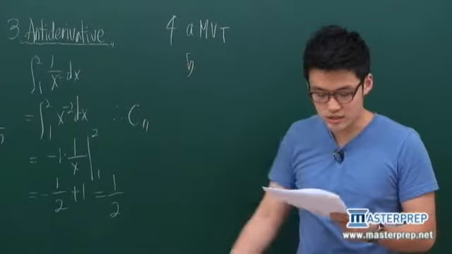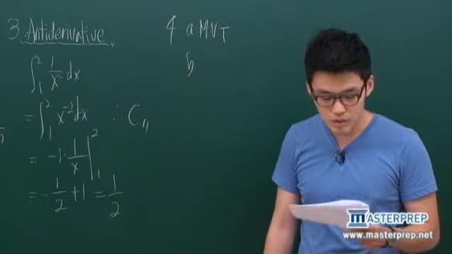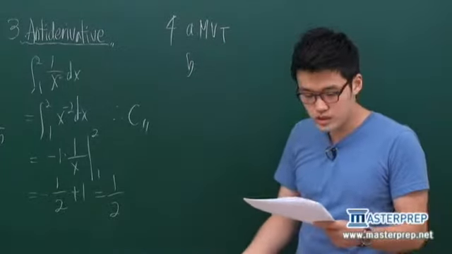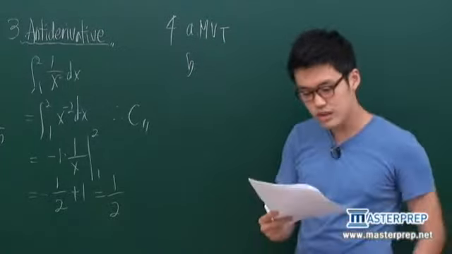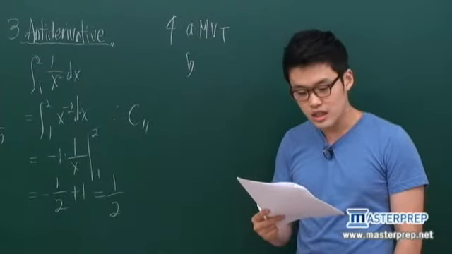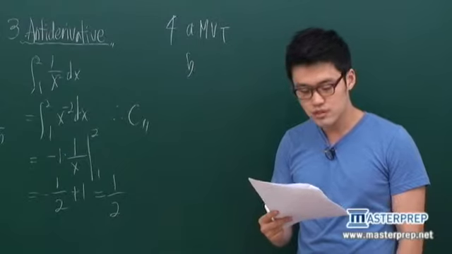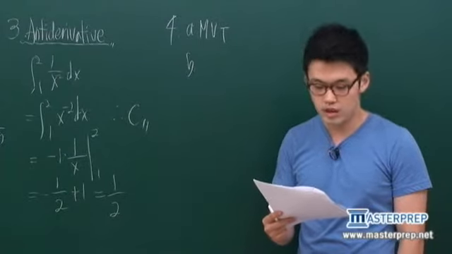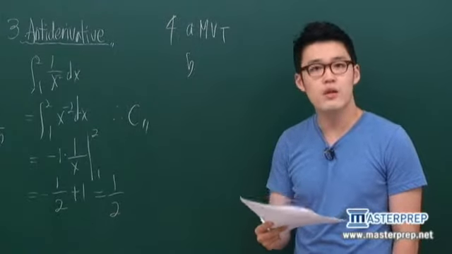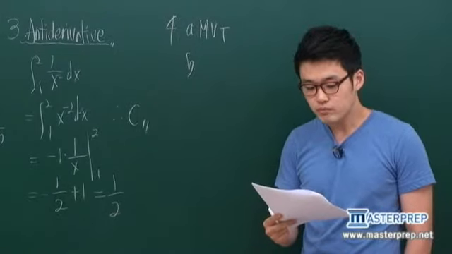What is B asking you? Well, B is also about the mean value theorem, but let's see whether it is true or not. f prime of c is equal to 0 for some c such that a is smaller than c and c is smaller than b. Well, we don't know anything about this.